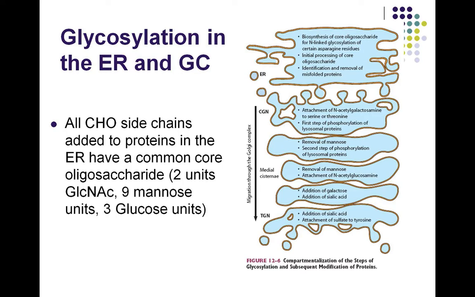So we can think of the process as divided into two stages. There's initial glycosylation happening in the endoplasmic reticulum, and there is final or terminal glycosylation happening in the Golgi. Now, the basic difference to remember: in the ER, glycosylation of a polypeptide is more on addition.